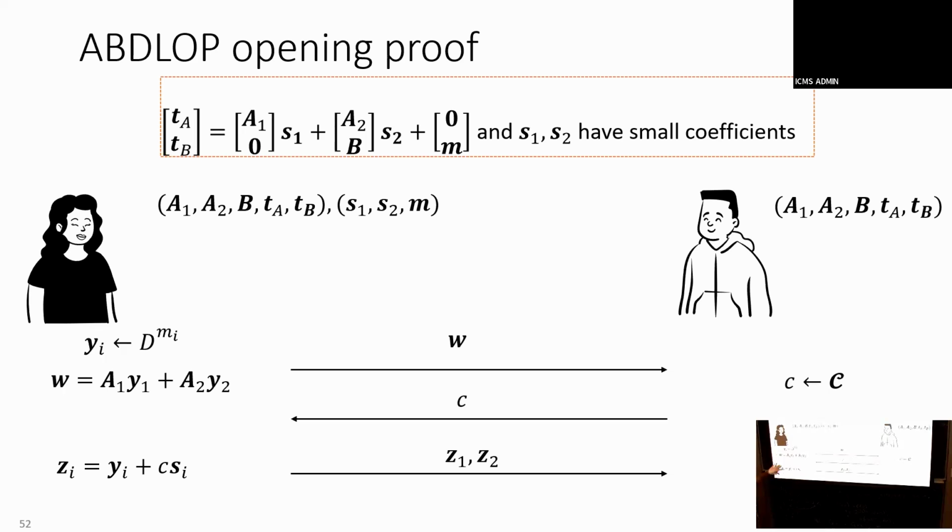In particular there should be rejection sampling, but let's ignore that in this talk. Then the verifier checks that Z1, Z2 are short, and that A1 Z1 plus A2 Z2 is equal to W plus C TA. So literally the same protocol as before.